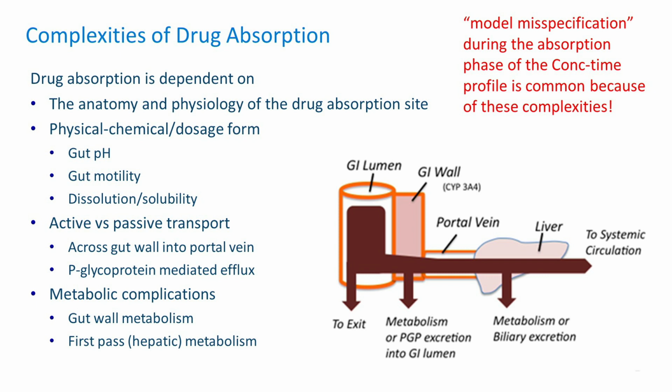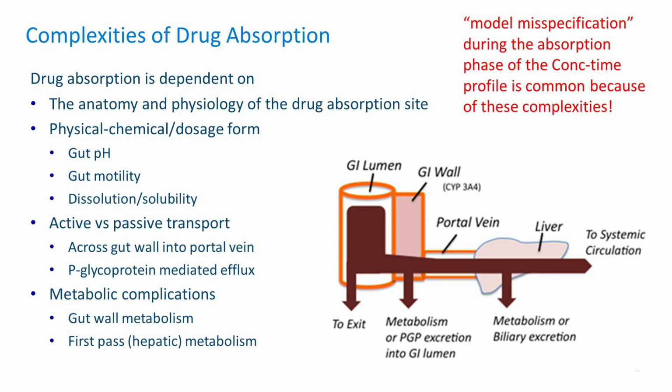So many potential complexities, including gut pH, which can impact how the drug goes into solution and how it dissolves, and gut motility carrying it to the site of absorption. We also have active and passive transport.